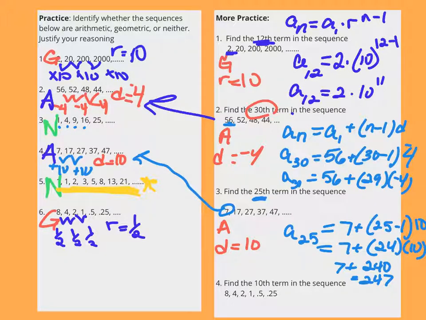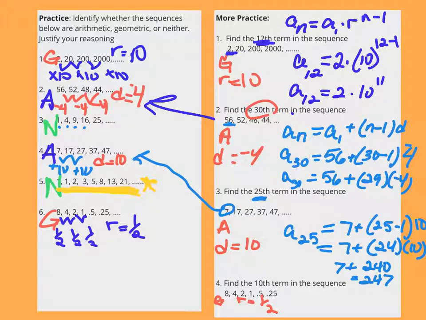Okay, and then if I look at my last sequence way down here, I'm looking for the 10th term in this sequence. And this sequence was the 8, 4, 2, 1. And we said that that sequence was a geometric sequence, and it had a ratio of 1/2.